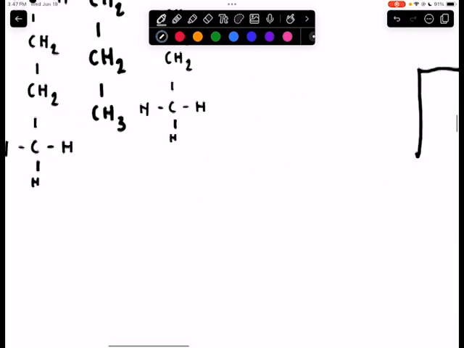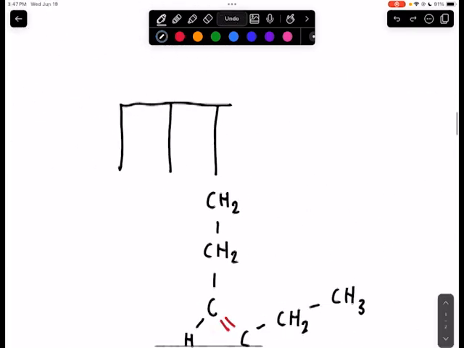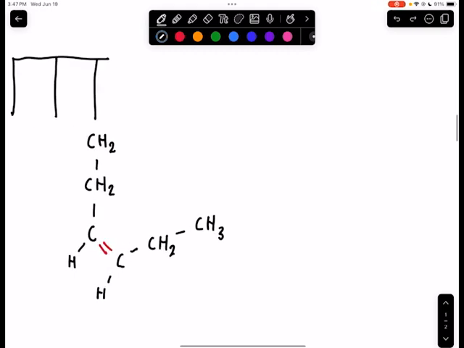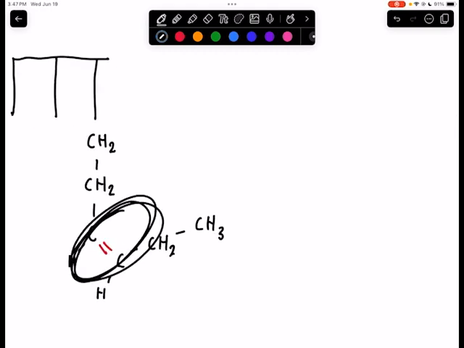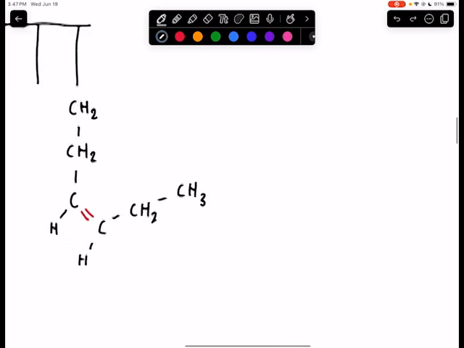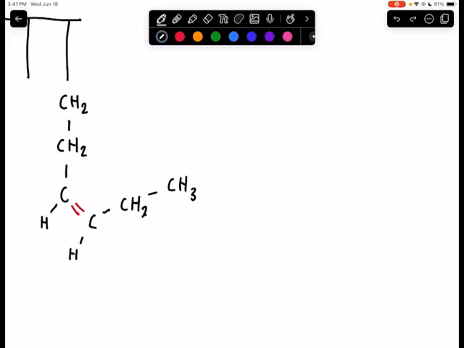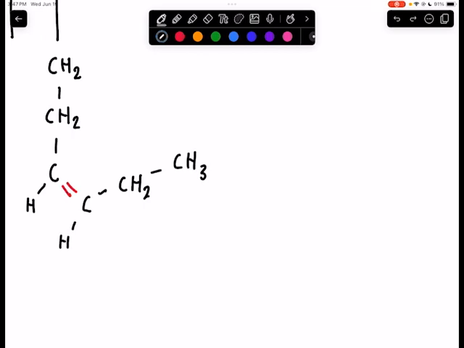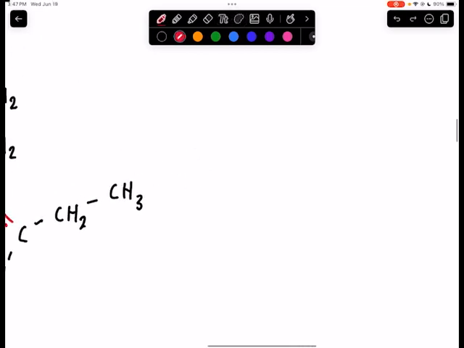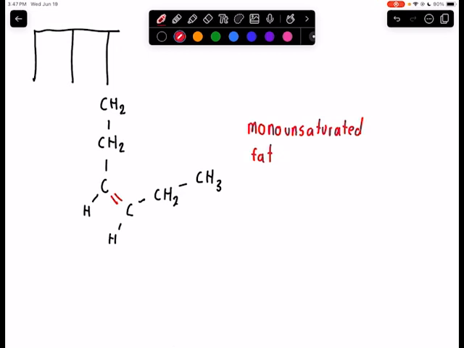CH3 is just this ending molecule there. So what happened here is because of this double bond, that actually caused the fatty acid tail to bend. And so we call this an unsaturated fat. Because this has one bend, this bend right here in the shape, we call this a monounsaturated fat. But then we can go into polyunsaturated fats.